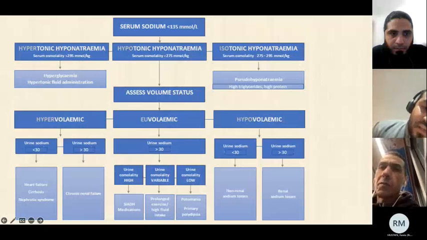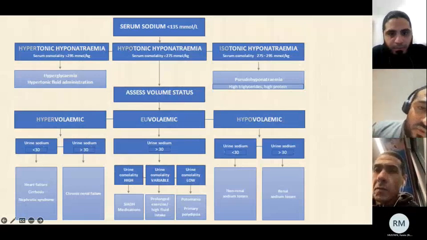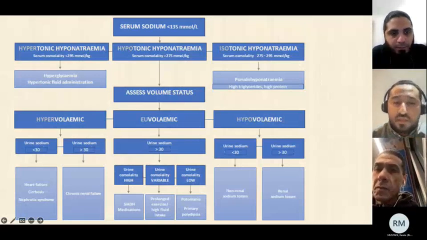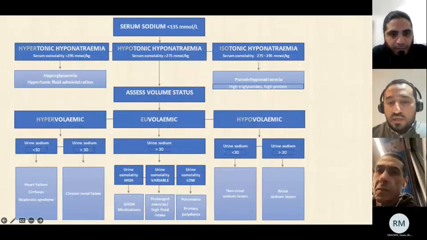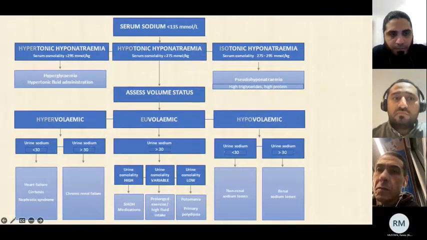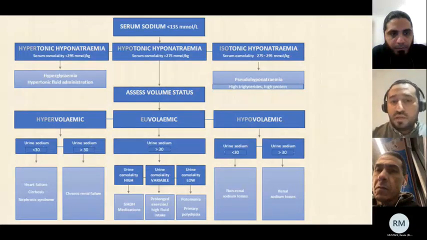This patient with hypotonic hyponatremia who is euvolemic and urine sodium is more than 30, an alcoholic patient who's taking, especially, it's called beer potomania, which means the patient is addicted to beer. He's taking large amounts of beer and with no salt-rich diet. I think that's why there's some connection between both of them.